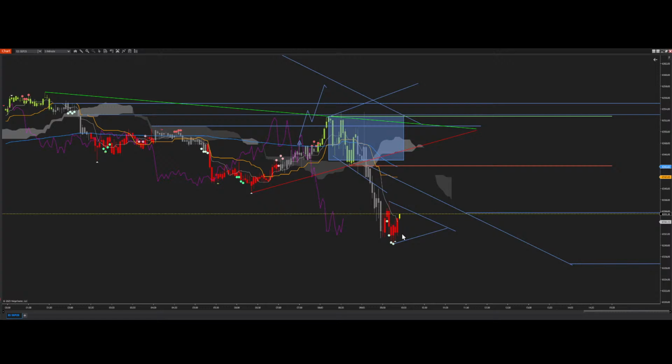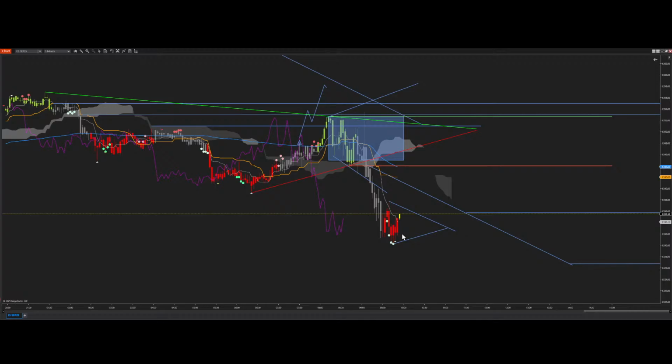But this is a risky little setup here. It is on the right side of my KISS dots, so I like that.